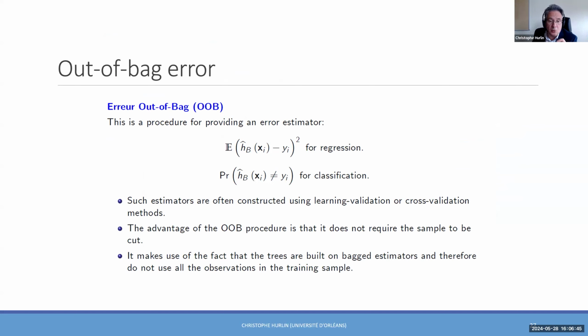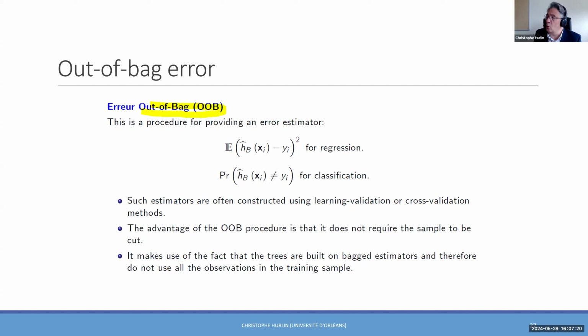Okay, so let me pursue with two notions that are related to the bagging approach. The first is the out of bag error, and the second is the computation of the feature importance. First, let me introduce what we call the OOB, the out of bag error.